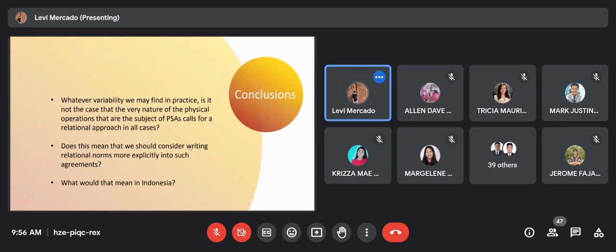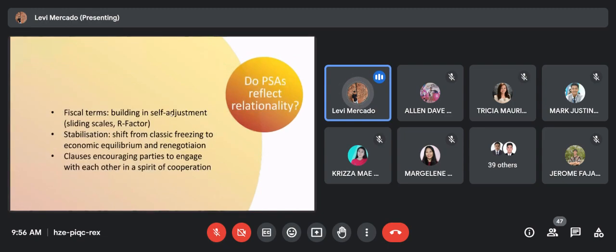So, conclusions. So, whatever variability we may find in practice, it is not the case. Okay. So, yun. Sinasabi lang naman na in every investment, na involve ang international and national oil companies, palagi dapat merong agreement, may rules na sinusunod.